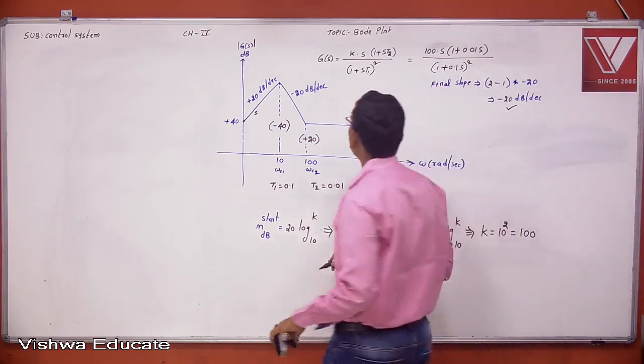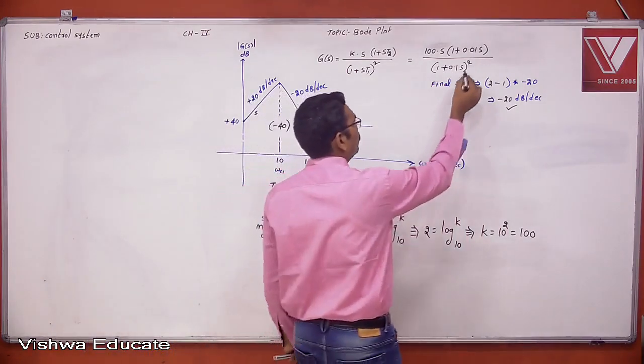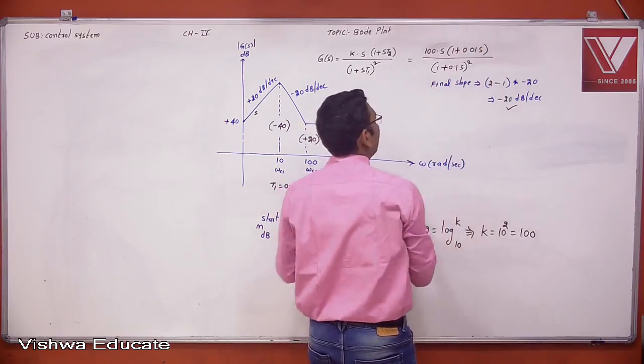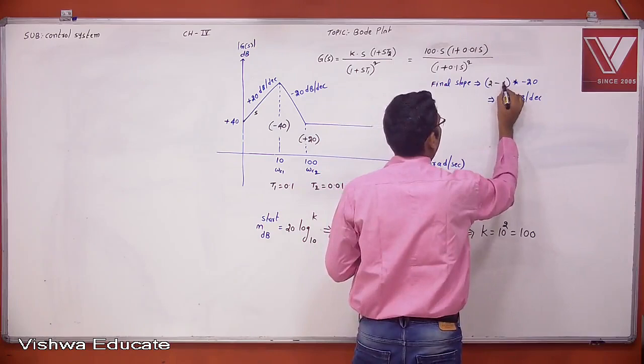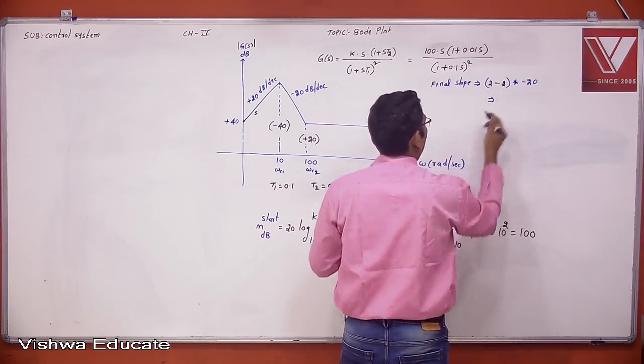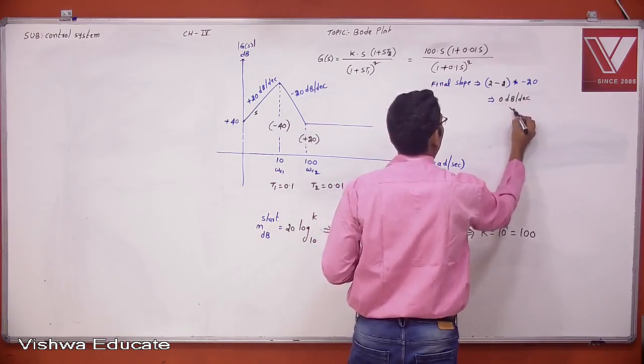How can you verify? You can verify easily because we have the final slope. There are 2 poles and 2 zeros, because this is an ideal transfer function. If it is an ideal transfer function, the number of poles and number of zeros are the same. Therefore, the final slope is 0 dB per decade, a constant line, and that is what we are getting.